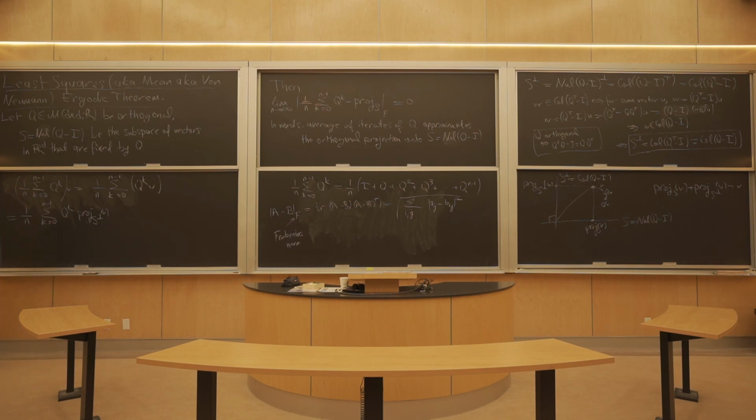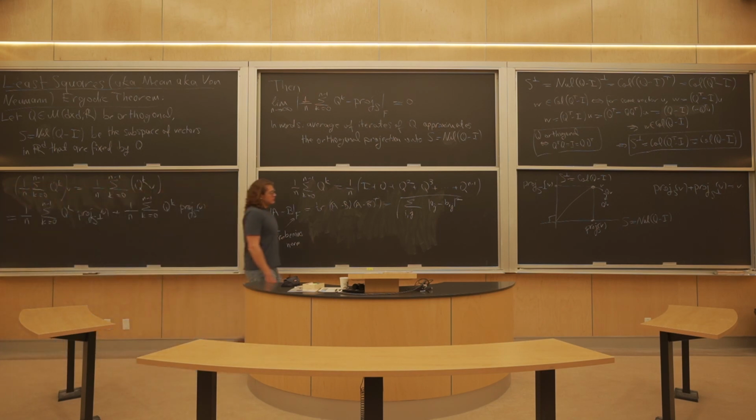This is the first piece, and then I have the second piece. Everything is linear as usual, and I can distribute this sum over everything.